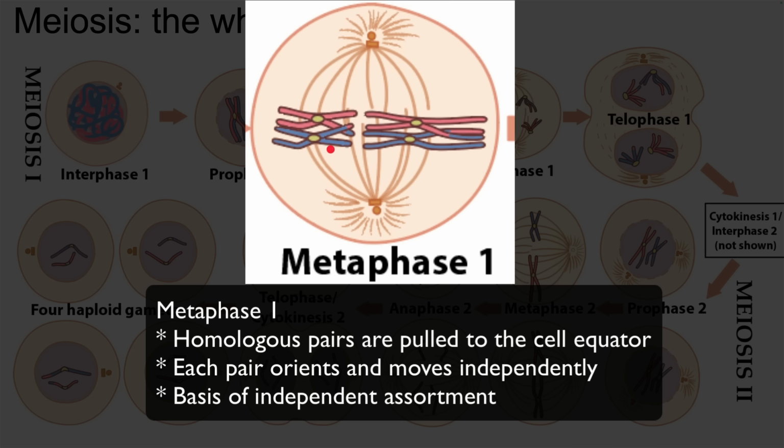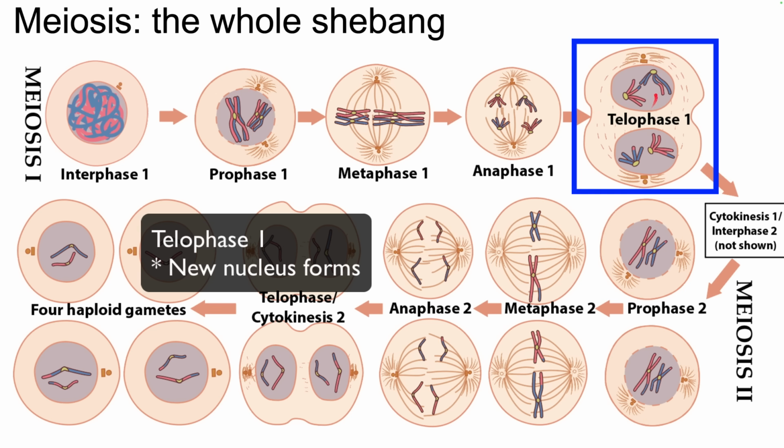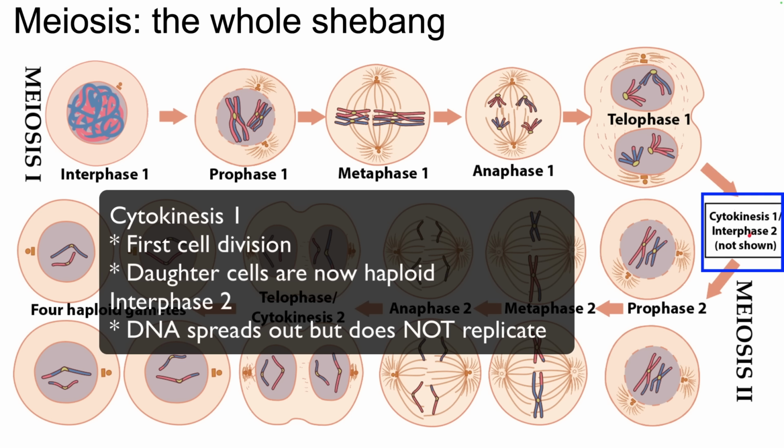It's 2 to the number of pairs if you want to mathematically calculate the number of chromosomal arrangements in the gametes. During anaphase 1, the homologous pairs are pulled apart. During telophase 1, a new nucleus forms. There's a cytokinesis 1 and an interphase 2 that's not shown in this diagram.